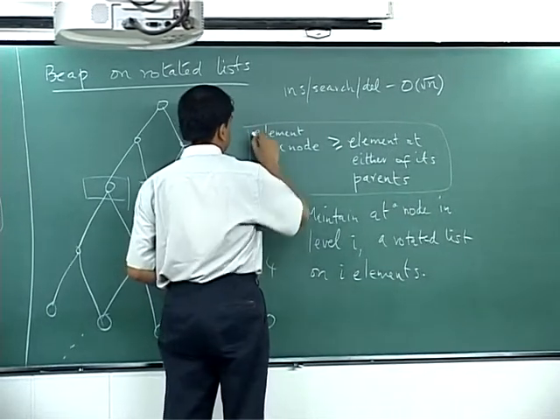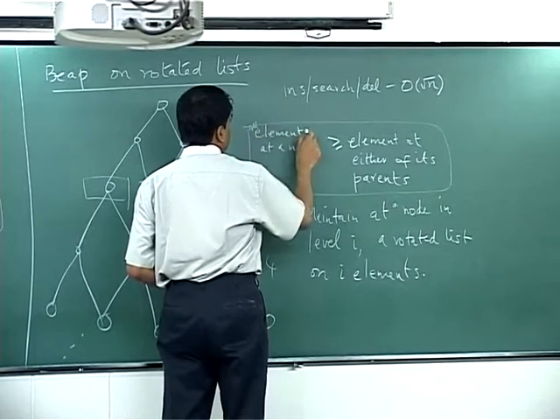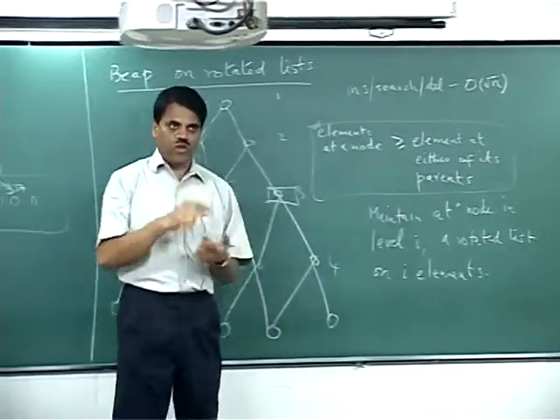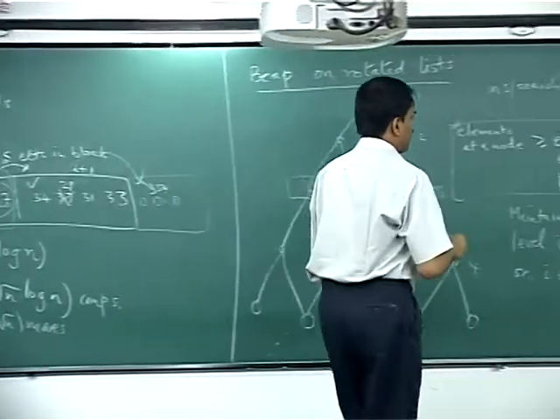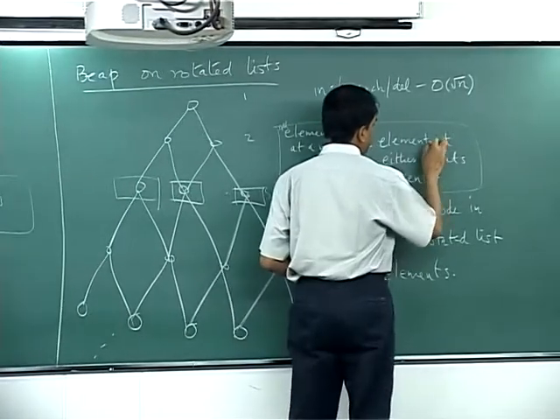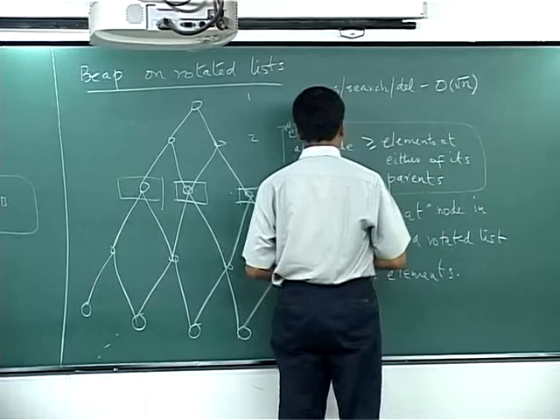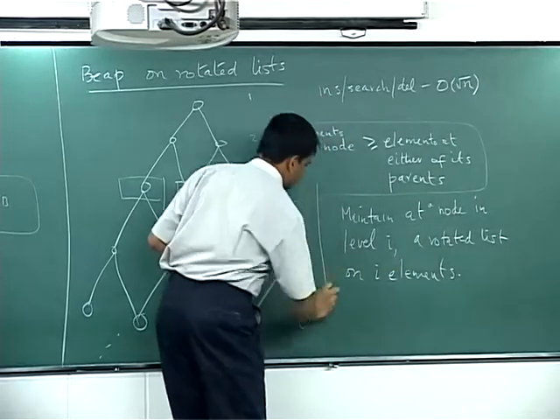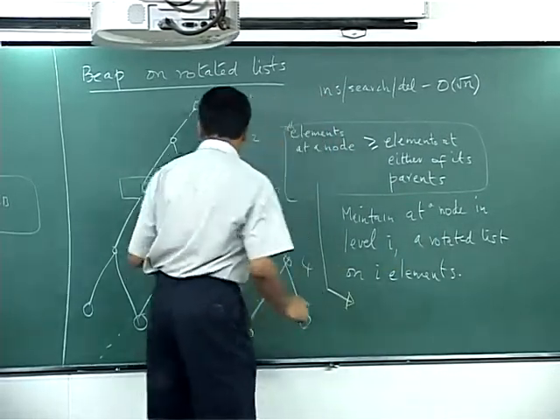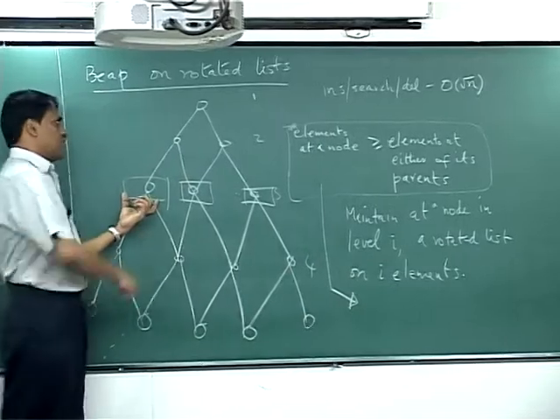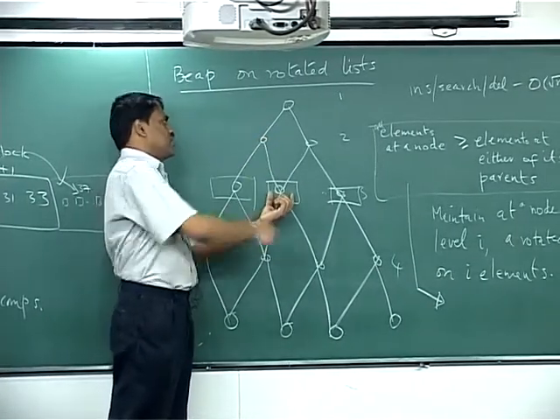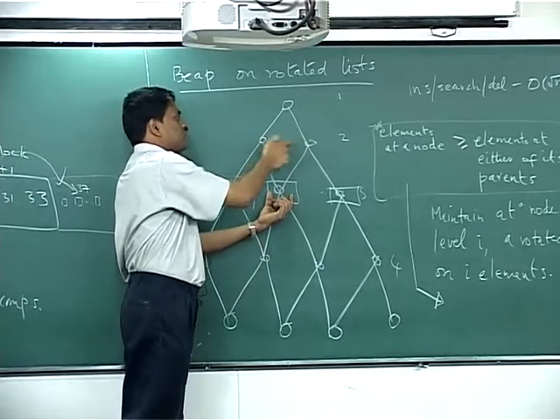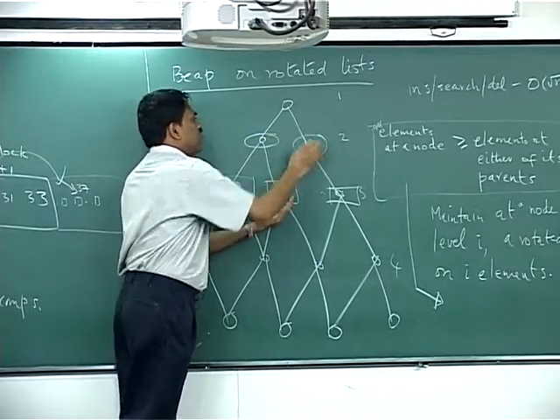I am going to replace this as all elements, because at a node you do not have one element, but you have a list of elements. So, all of them are greater than or equal to elements at either of its parents. So all elements here are greater than or equal to all elements here. Similarly, all elements here are greater than or equal to all elements in these two, because each one now has a rotated list.